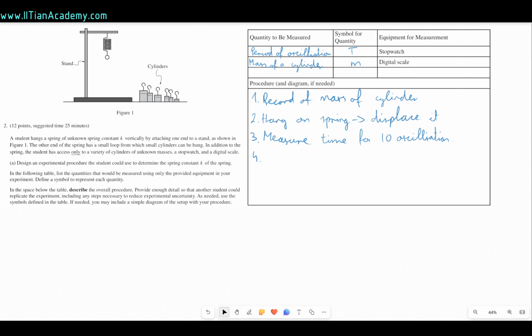And then we can repeat for more masses. So this is the idea that we need to use here. These are the key steps to this experiment.